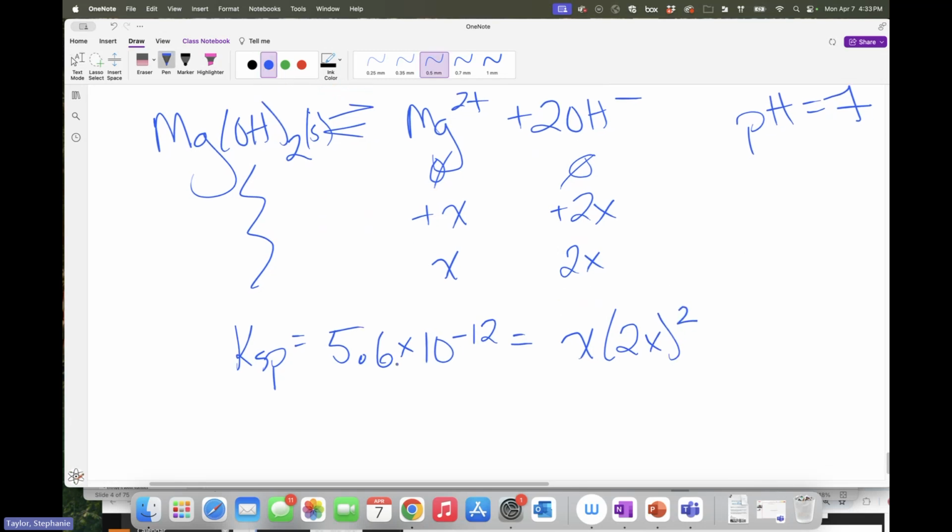So I can solve for my molar solubility. 5.6 times 10 to the negative 12 is equal to 4x cubed. So notice that I did have to square the number 2 as well as my x. So this is also x times 4x squared. My AirPods died.